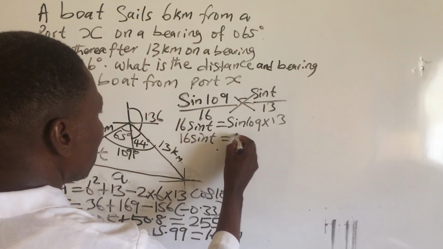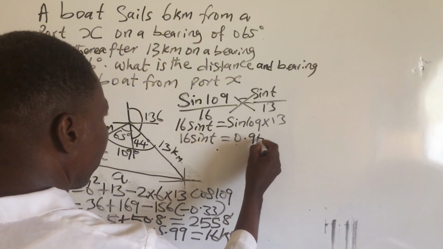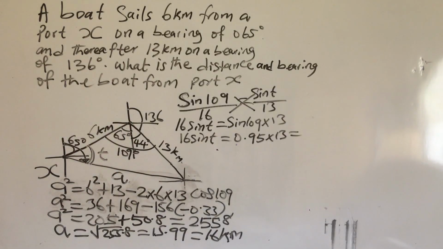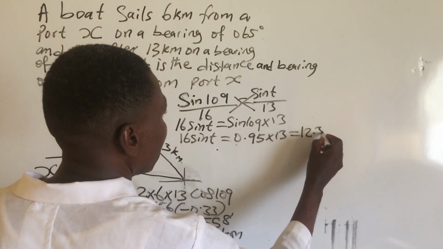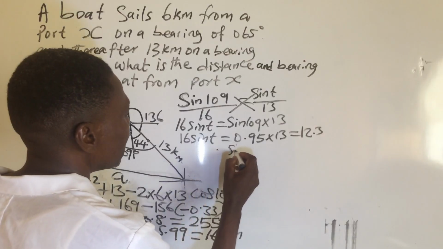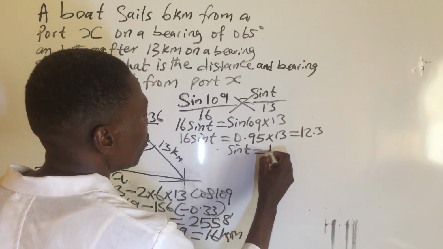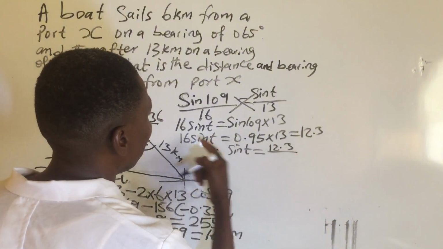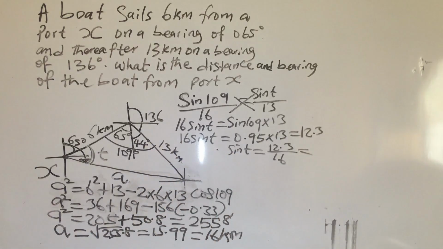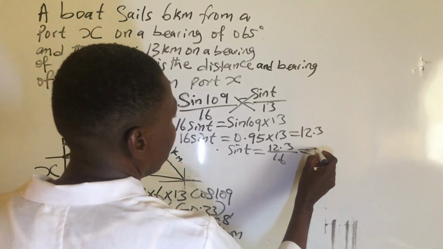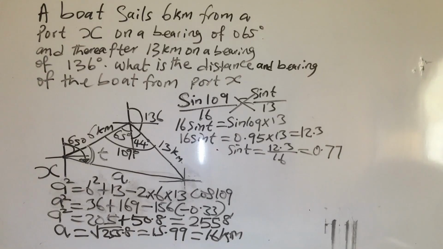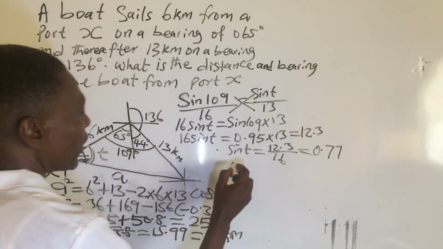Sine 109 is 0.95, times 13 is approximately 12.3. Making sine t the subject of the formula, sine t equals 12.3 over 16. When we divide the value by 16, we have 0.77.